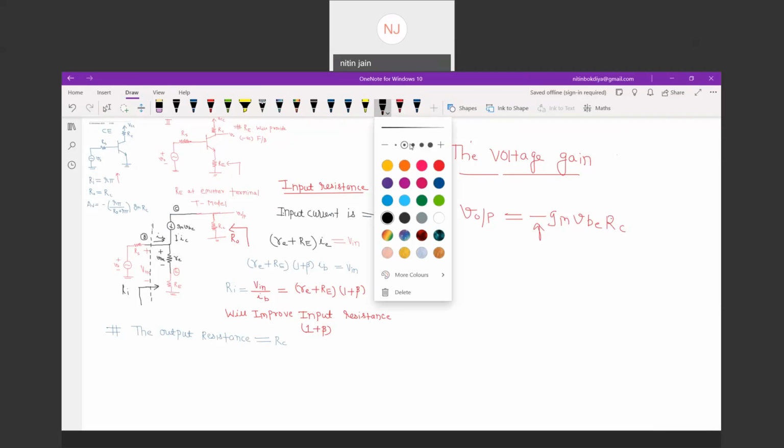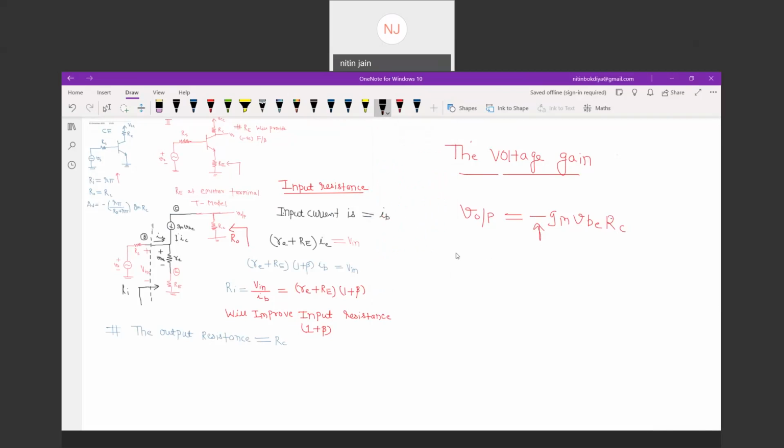So what you can say? Minus sign because of common emitter amplifier.